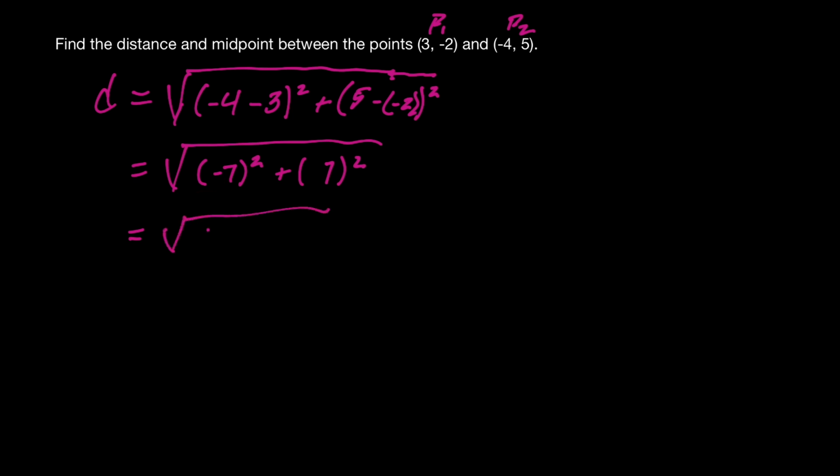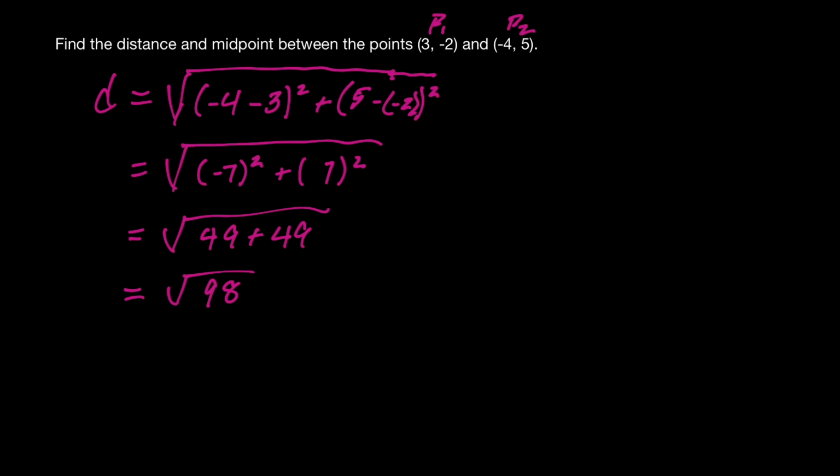So I'd have 49 plus 49, which equals the square root of 98. So there is the distance between these 2 points, the square root of 98.